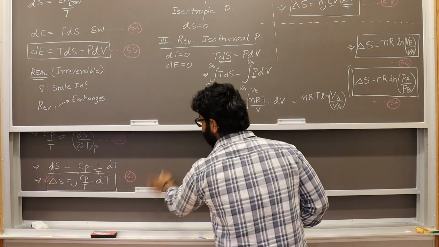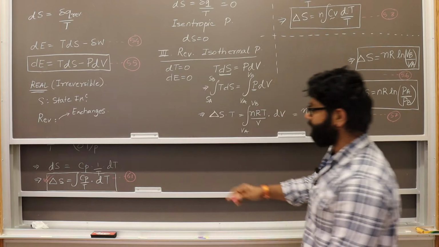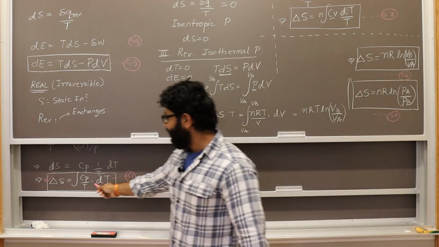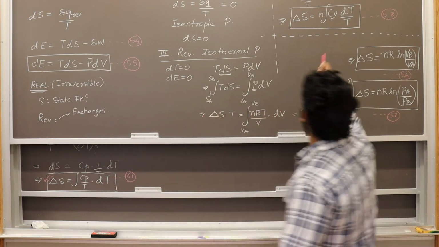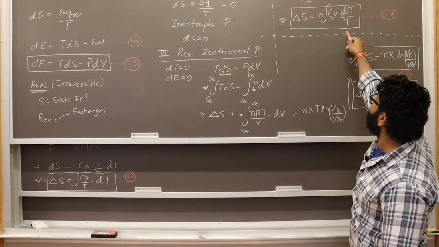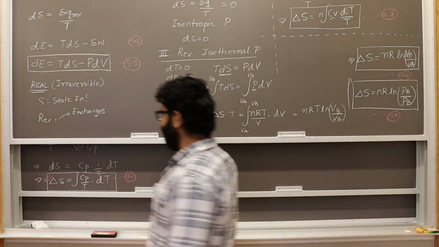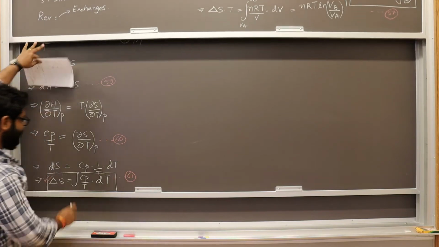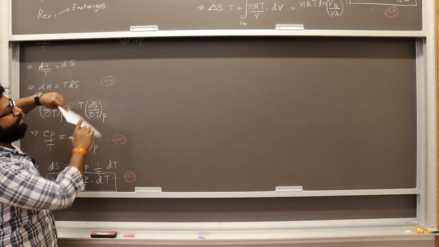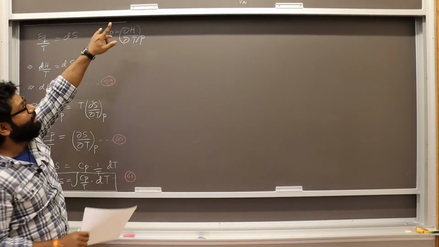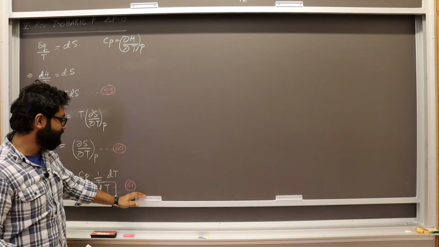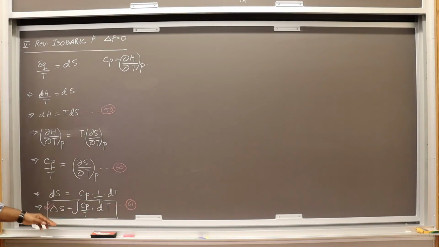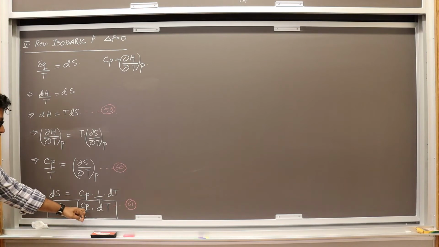So if you see this, the delta S at a constant pressure is Cp by T dT, and at constant volume it is Cv by T dT. You can put an n here to show that there are n moles, but this equation and the one on the top, for the constant volume isochoric process, are very similar, in which you just have the Cp for the constant pressure heat capacity and the Cv for the constant volume heat capacity.